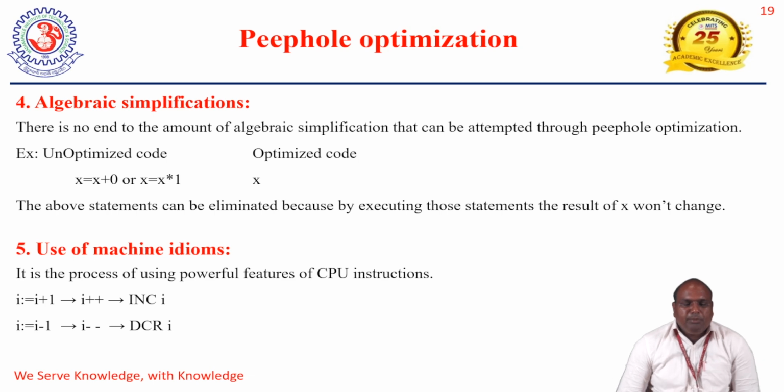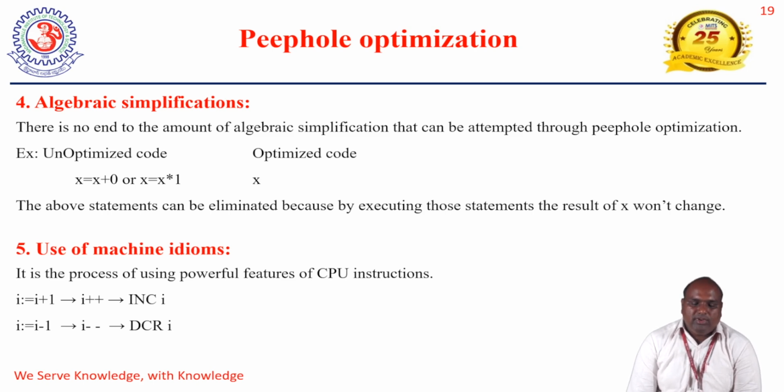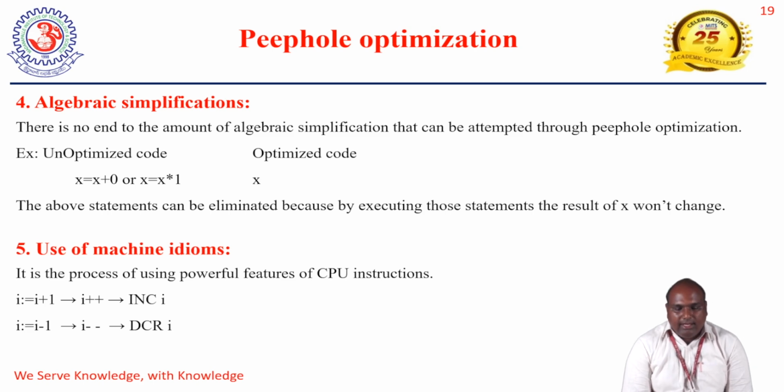Next one is algebraic simplification. This is also one of the code optimization techniques that comes under peephole optimization. Any amount of algebraic simplification can be attempted through peephole optimization. Even if you do some modifications of an expression, the result of the expression won't change, but we are doing some extra work. To remove that extra time or extra space, we use the concept called algebraic simplification: x equal to x plus 0, or x equal to x star 1.